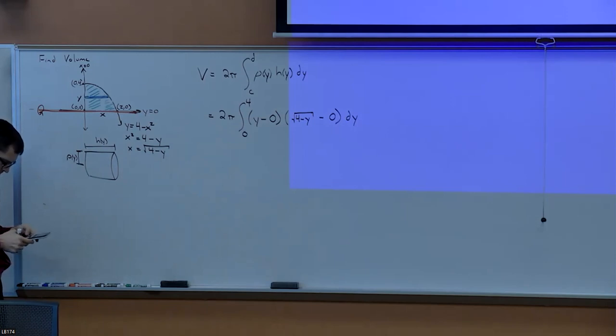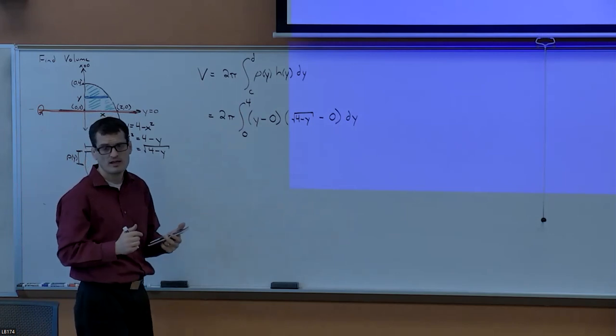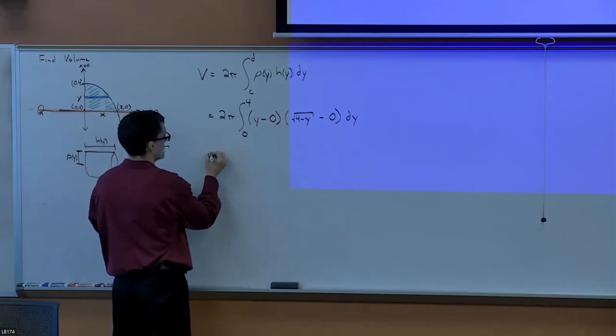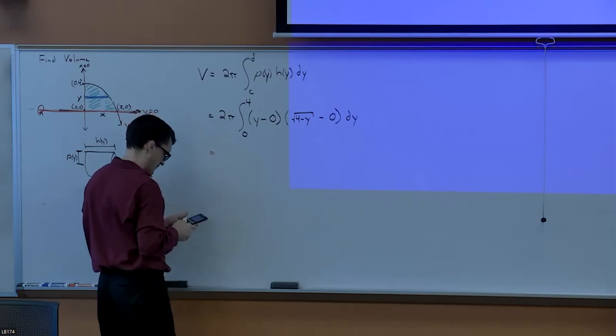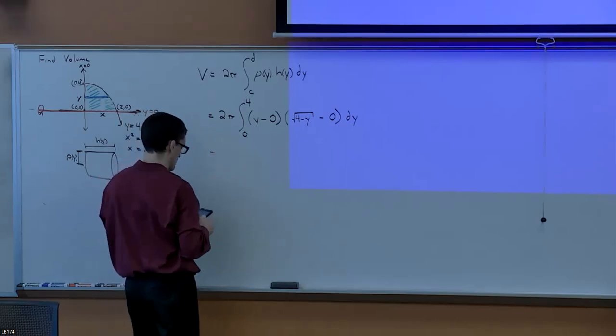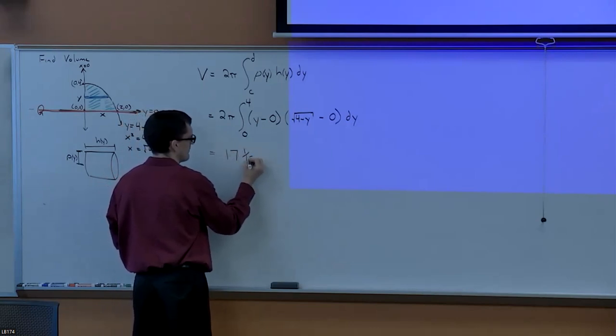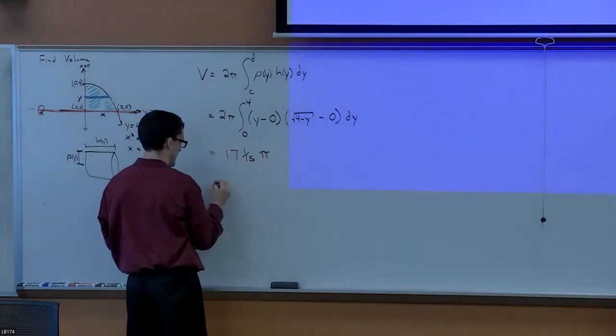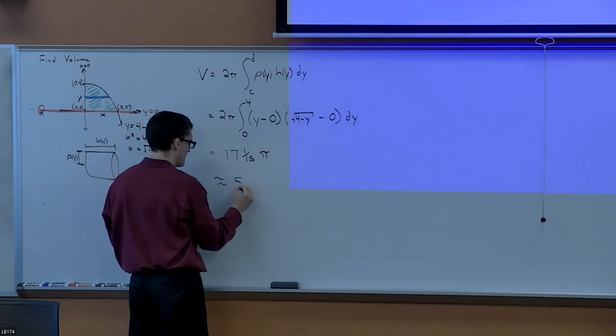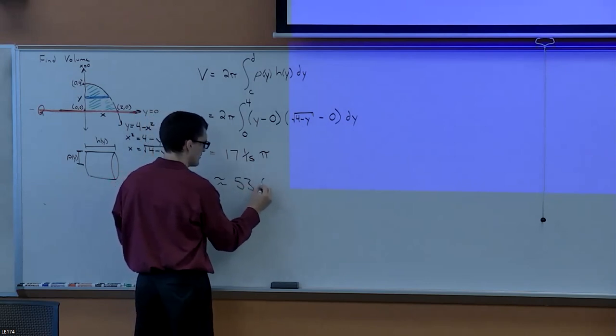We've plugged that into our calculator enough that, you know, it doesn't matter which variable. You can use y's by just doing alpha y. You could use thetas, you could use whatever you want. And what you get is essentially 17 and 1/15 times pi, or roughly 53.62.